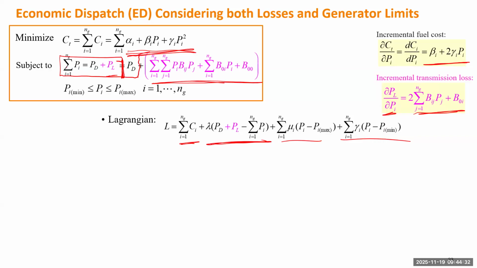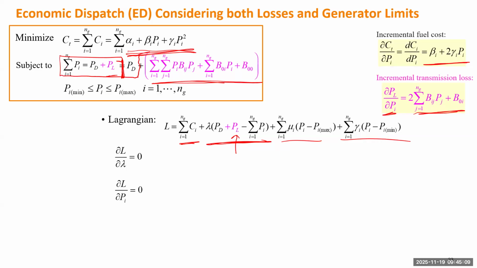The total generator output needs to be slightly higher than the load to compensate the transmission loss, PL. So we need to add that PL into this formulation. So lambda here is not the penalty for violating the power balance alone, right? It's the penalty for violating the balance between the total output and the load plus the transmission loss. But it is still the penalty for violating the balance of energy or power for the entire network.